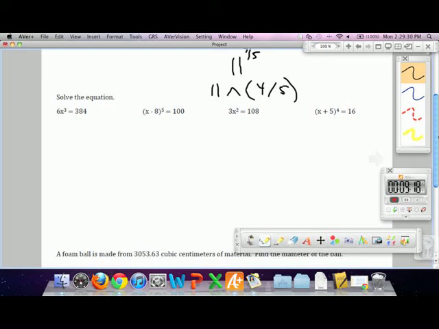So if I want to solve 6x to the 3rd equals 384, let's get this x to the 3rd power by itself. 384 over 6 is 64. And then if x to the 3rd is 64, then we could find the 3rd root of each of these. What's the 3rd root of 64?